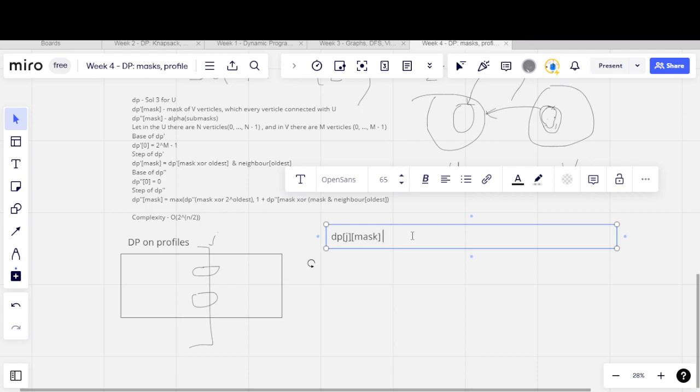We consider the mask. The answer for the board with only the first j columns.